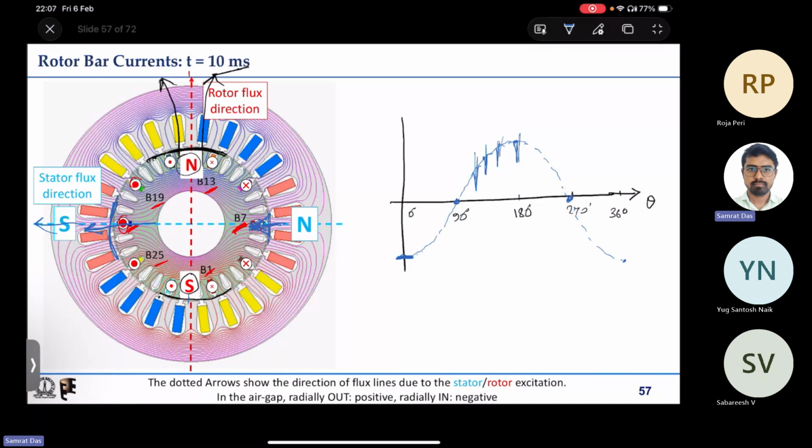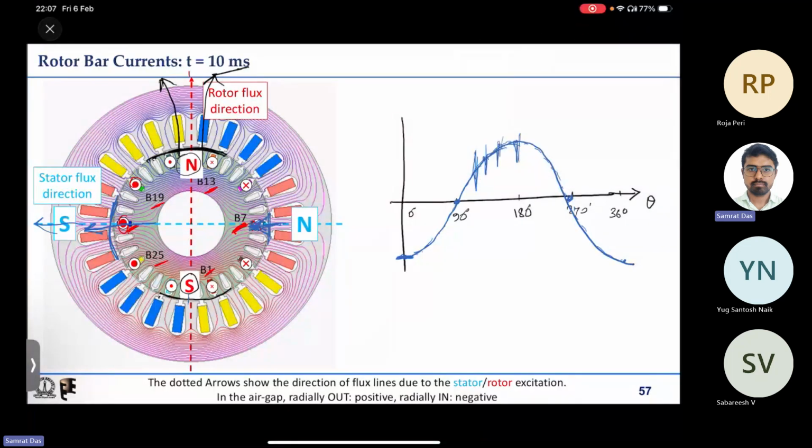If it is a fundamental, it can be a positive as well as negative notch. Anyway, those are details, so let us not worry about the notch, but our stator field will look like this along the air gap.